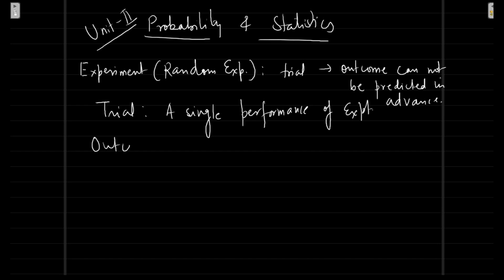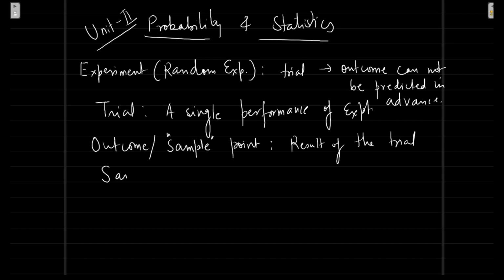What is called the outcome or a sample point? This is nothing but the result of the trial. I perform a toss of a coin and head has come. So head is called an outcome, and it is also called a sample point.